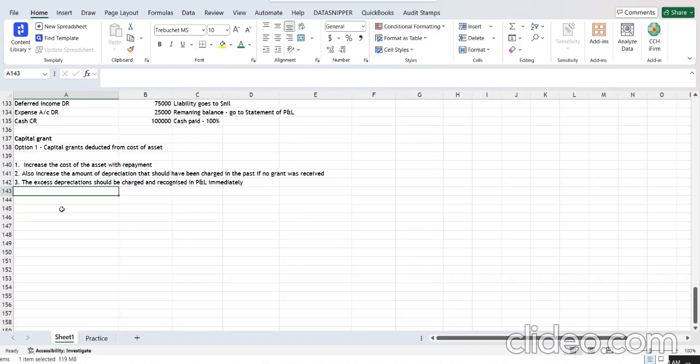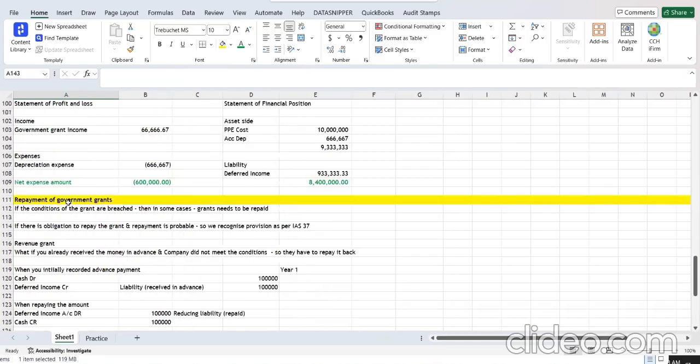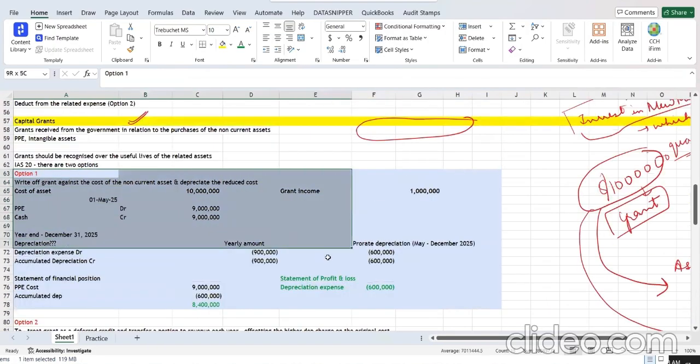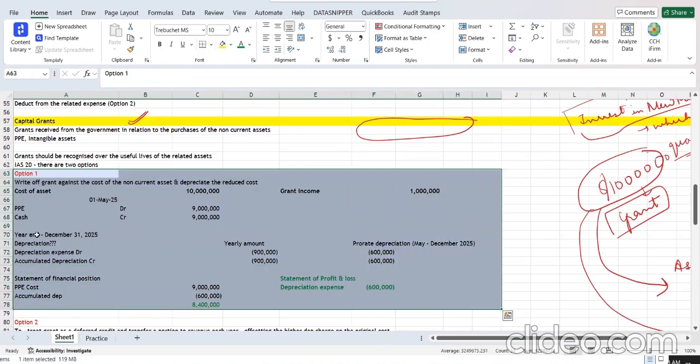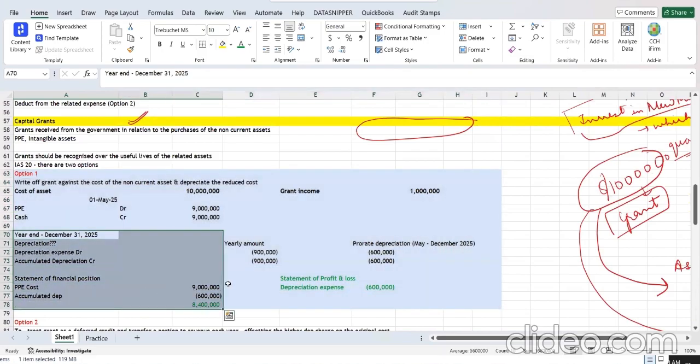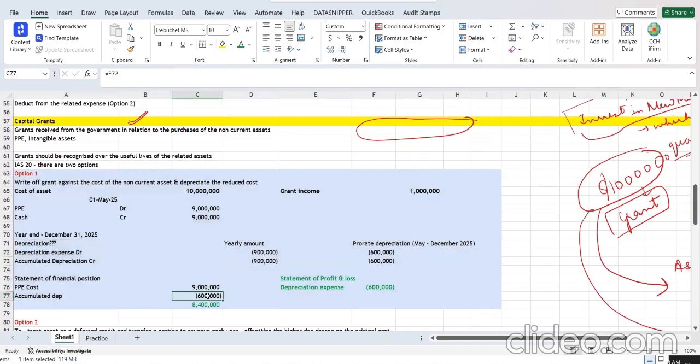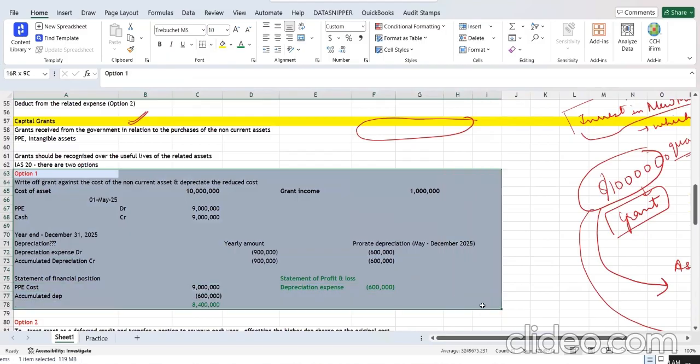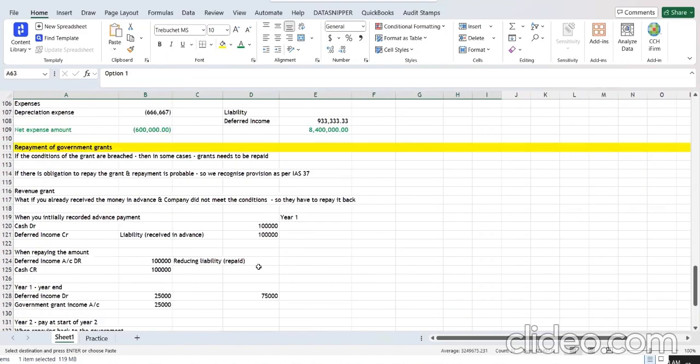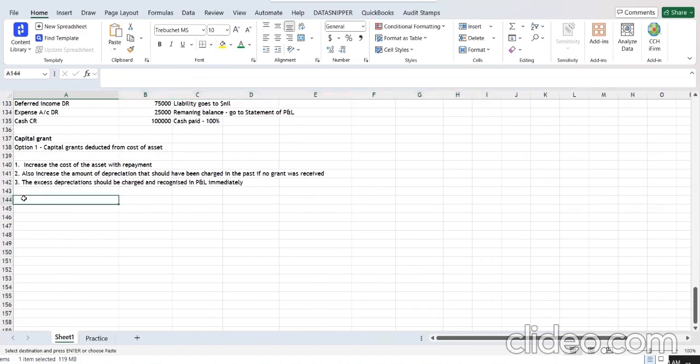So now what entries you will be posting. I will take this option only. Okay, that in year 1 you recorded the depreciation for 600,000, and in the start of year 2, they are saying that we want repayment of the government grant because you breached one of our conditions.